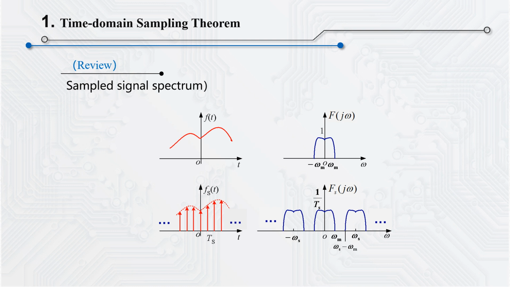In other words, the spectrum of the sampled signal is a periodic extension of the original signal spectrum. Its period is ωs. Obviously, when doing period extension, if the value of ωs is less than 2ωm, spectrum aliasing may occur.